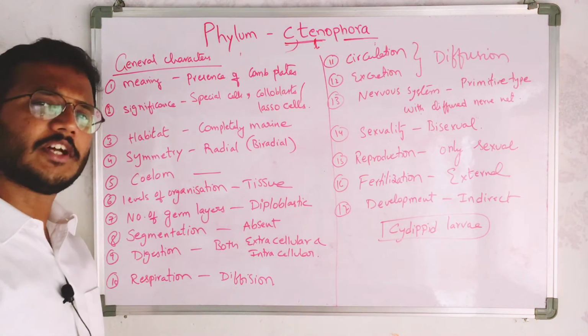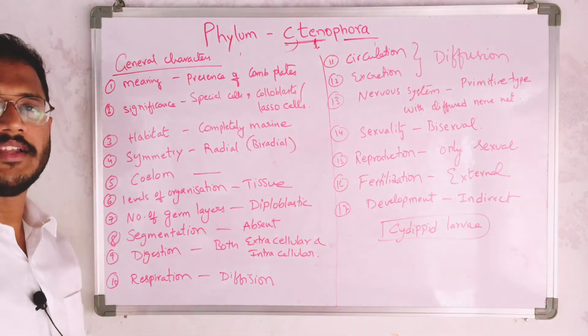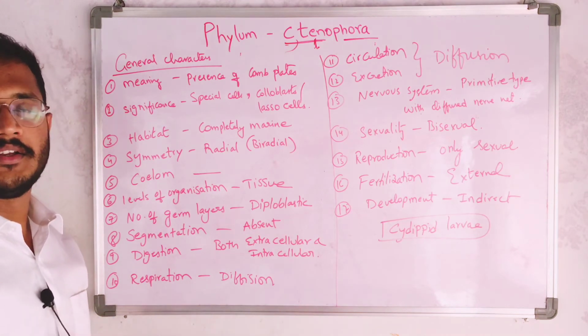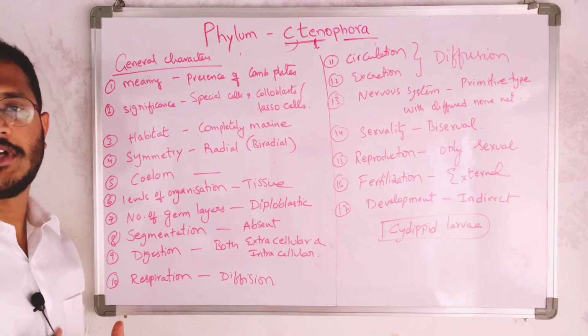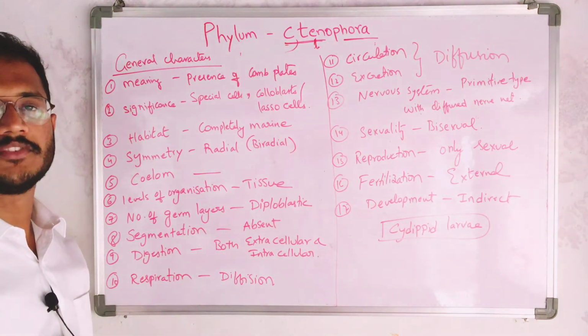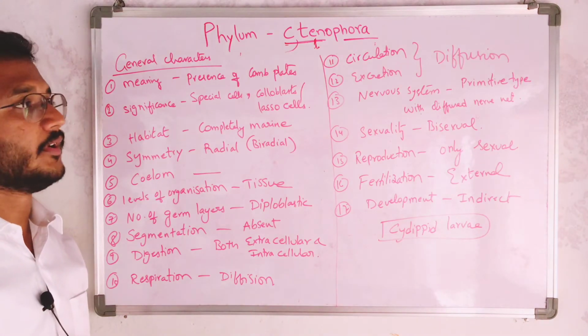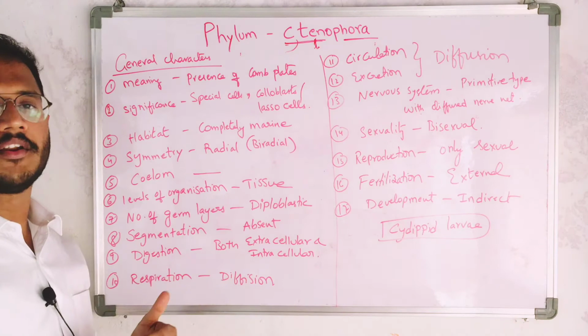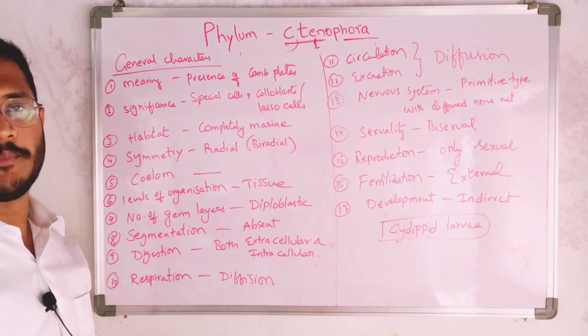And the nervous system is also the same. That's why we call the animals in this phylum close relatives of the cnidarians. But due to the absence of cnidocytes and the presence of colloblasts, we separate this one as a separate phylum. Most of the characters are very common with the phylum Cnidaria.